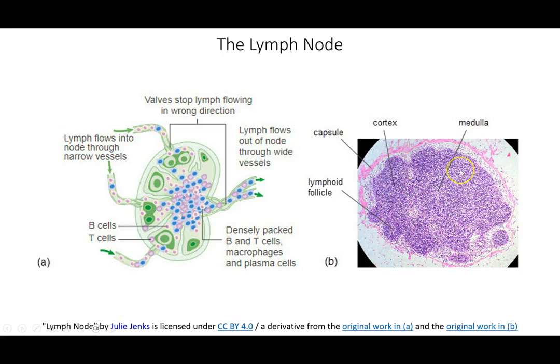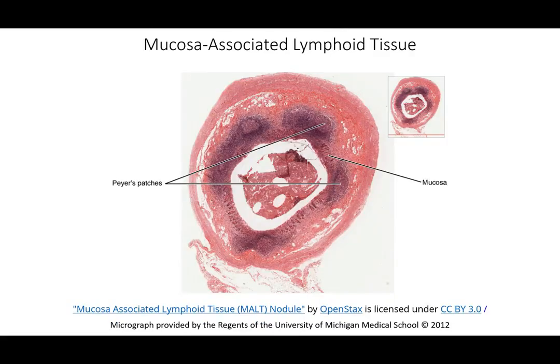The medulla here deep down inside is going to be the main location. A lot of the cells that we're finding here, all of those lymphocytes, macrophages, and dendritic cells. And then we can just kind of see out here where some of those lymphatic vessels would be coming into the actual lymph nodes themselves.